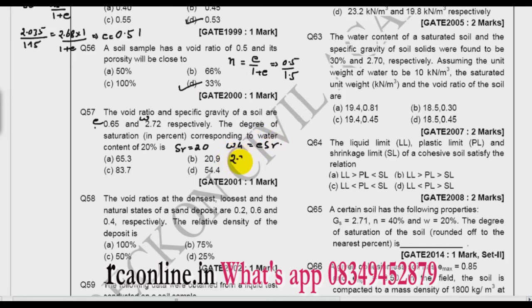G is given as 2.72, w I need to find, e is 0.65 and Sr is 0.2. Simplify for w, what you will get? So make a little bit of correction. It is 4.7%. So w is equal to 0.047. So if you solve, you will get 4.7%. There is a little bit of typing error.